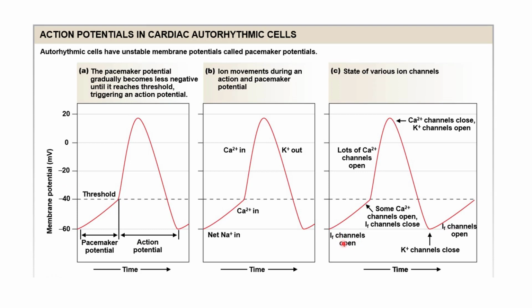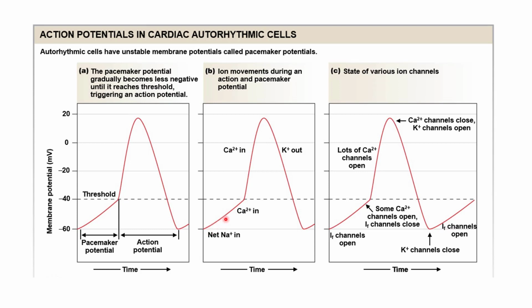I stands for ion flow, so I for ion, F for flow. And these channels are permeable to both sodium and potassium. So sodium and potassium can leak through these channels. Sodium leaks in, potassium leaks out. However, the inflow of sodium is greater than the efflux of potassium out of the cell. So we end up depolarizing.